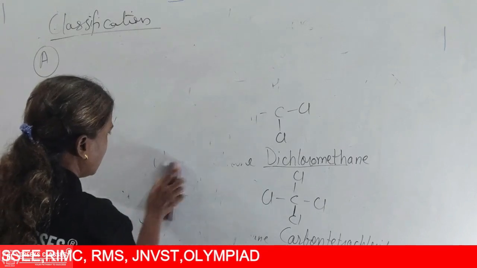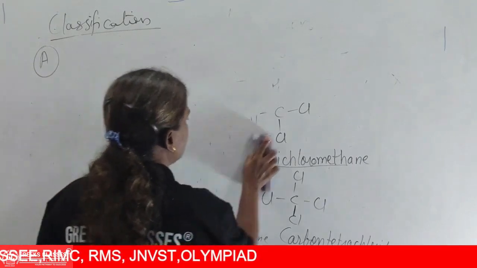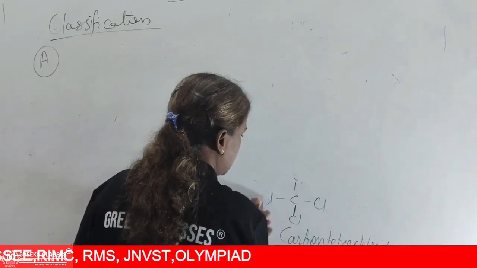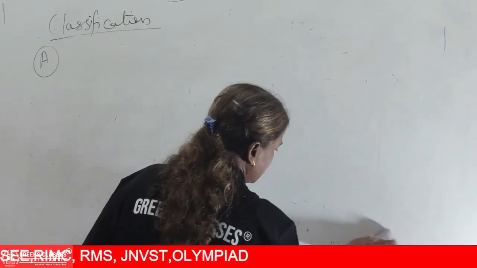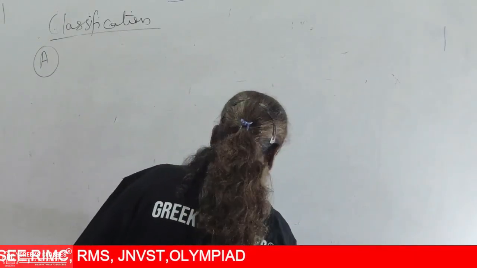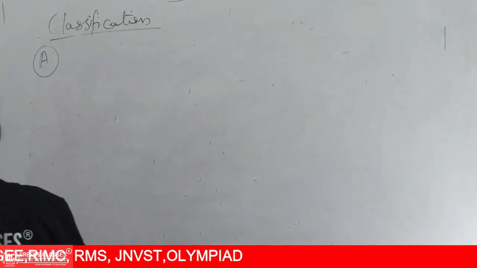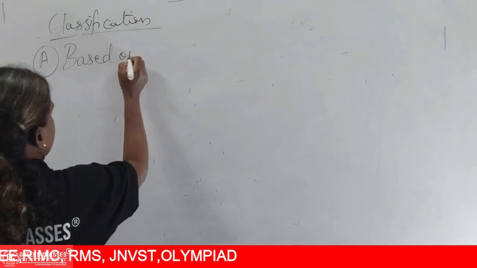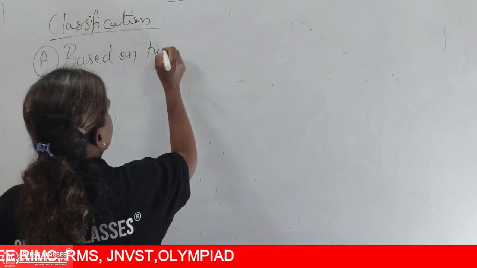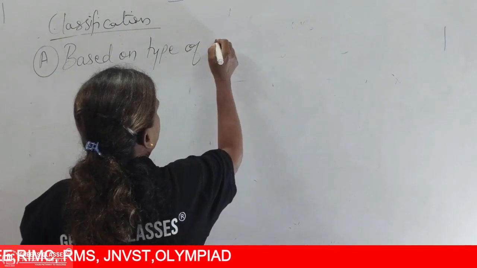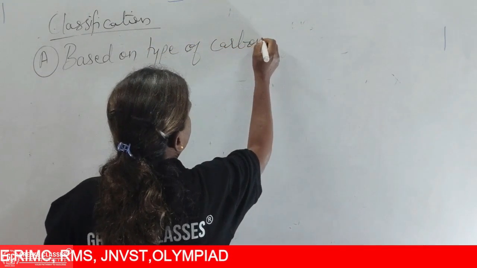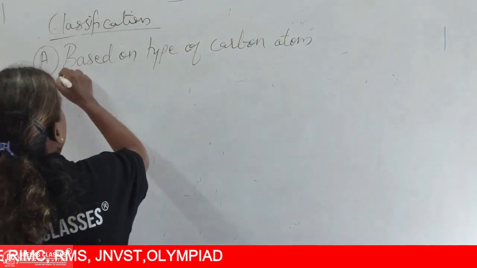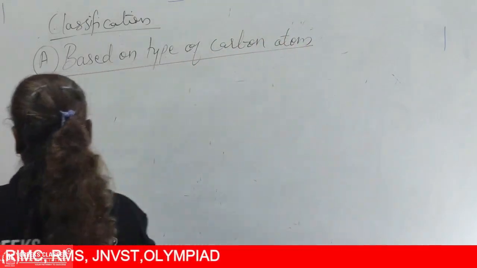There is a possibility that the carbon to which the halogen is attached can be sp2 or sp3, that means single bonded, or it can be something else, so based on type of carbon atom.